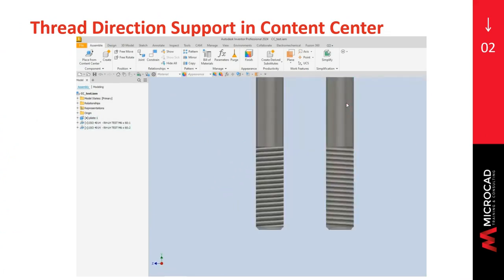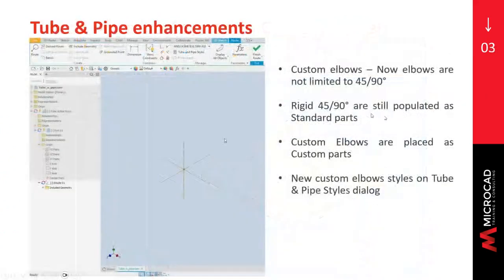And you see that on the creation of the part, the thread direction was controlled with this parameter. So that gives a lot of possibilities for the parts, well, for people who actually use this kind of features. All right.